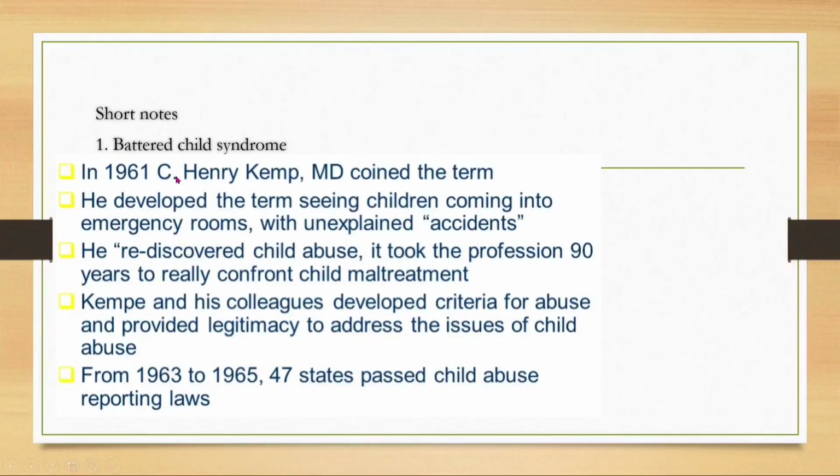The battered child syndrome, 1961, C. Henry Kempe coined the term. He developed the term seeing children coming into emergency room with unexplained accidents. He rediscovered the child abuse. It took the profession 90 years to really confront the child maltreatment. So he and his colleagues developed the criteria for abuse and provided legitimacy to address the issues of child abuse.